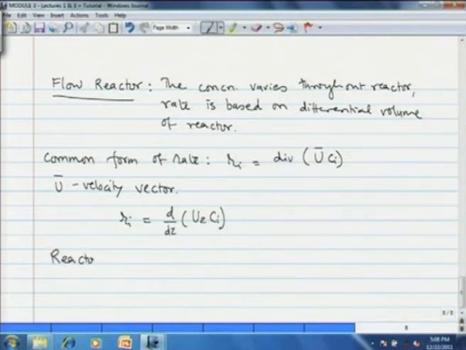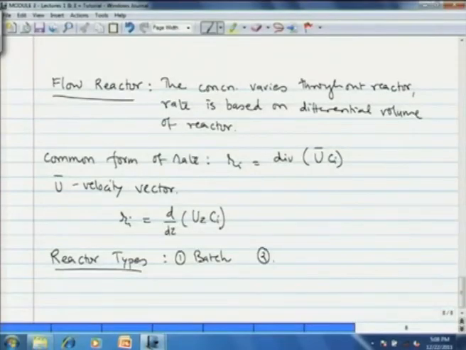There are mainly three reactor types. The first is the batch reactor, in which the reactants are mixed and stirred till a particular conversion is obtained. That particular vessel is like a closed system where there is no inflow or outflow until the reaction is completed, or the desired conversion is obtained. That is called a batch reactor. The second type of reactor is what is known as the continuous stirred tank reactor, CSTR.